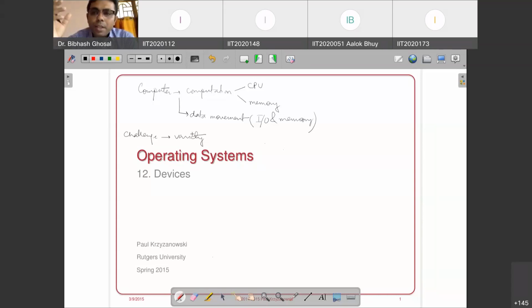Every device has its own way of working, its own way of providing the data, and that complicates this. Because there are so many kinds of devices and each device works in its own way, providing different kinds of data, it is essential that there must be some kind of a common interface.